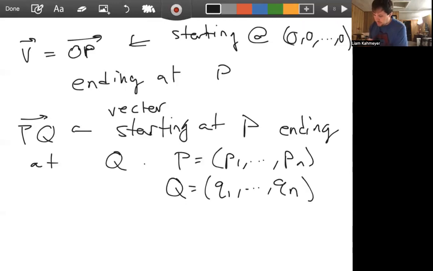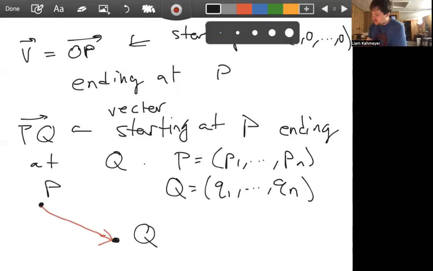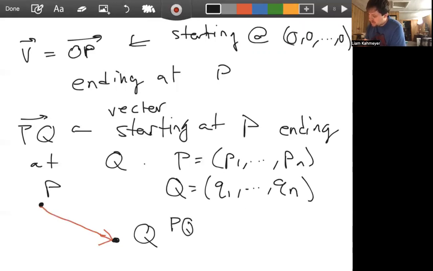Well, then what is the vector PQ? No pun intended. If we have the point P and the point Q, the vector starting at P and ending at Q is defined to be, if you'd like, the vector 0Q minus the vector 0P.